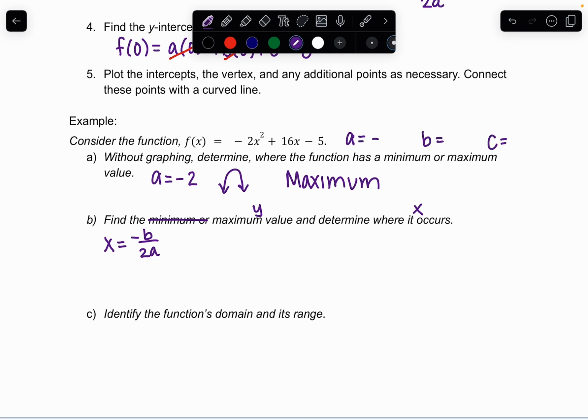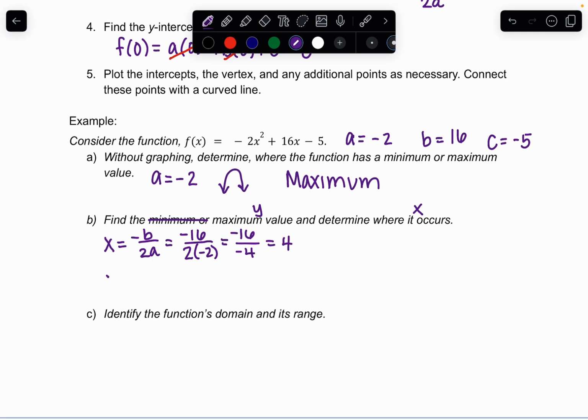A equals negative 2, b equals 16, and c is negative 5. So if we plug in what we know, we now have negative 16 divided by 2 times negative 2. 2 times negative 2 is negative 4, and negative 16 divided by negative 4 is positive 4.